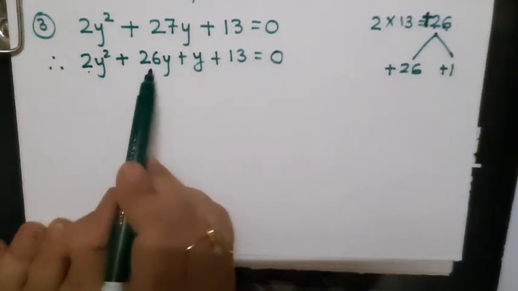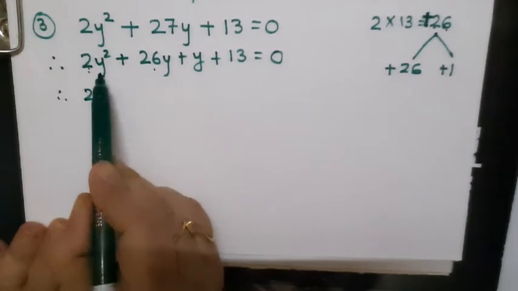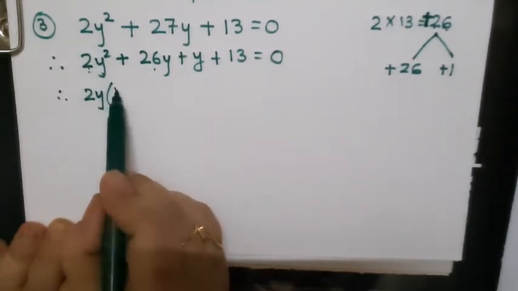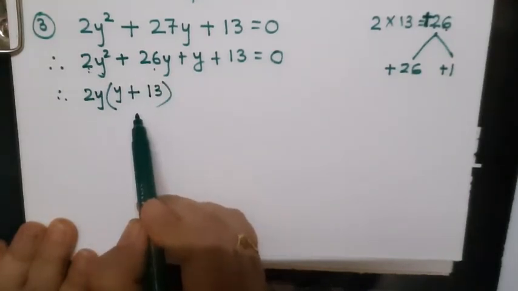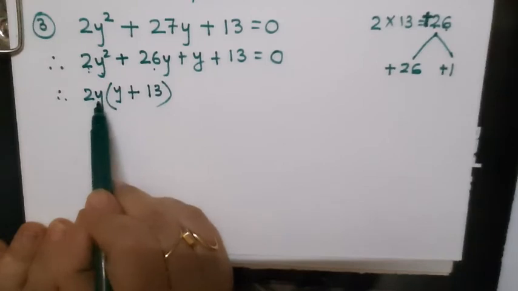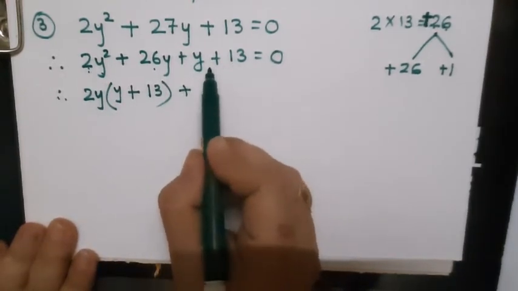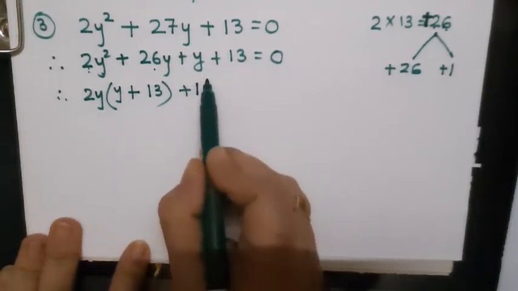Now what is the common factor in the first two terms? 2 is the common factor and y is the common factor. So what remains here? Y plus 13. So we get 2y square plus 26y. Here in these two terms there is no common factor. So what will we take common? 1.